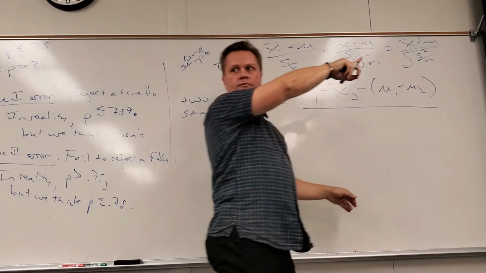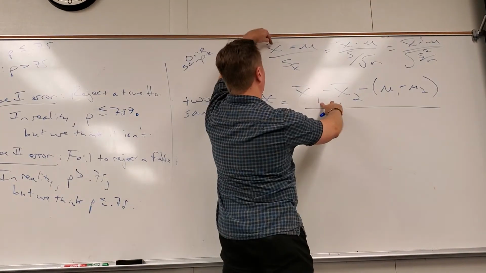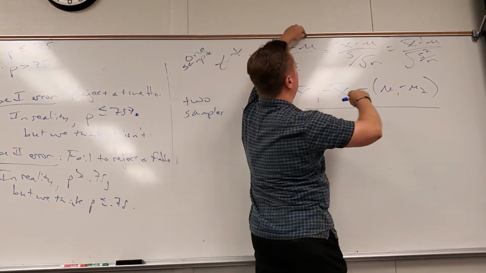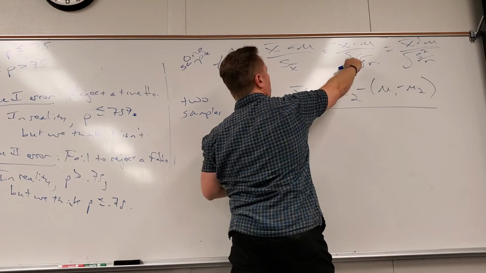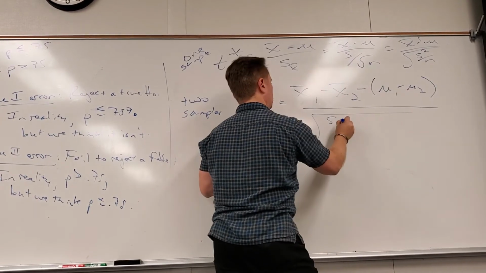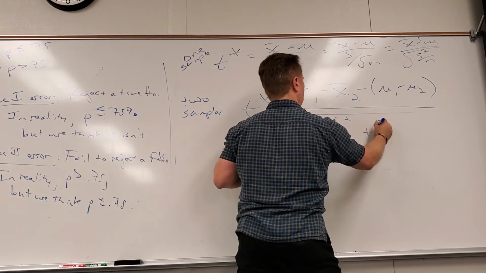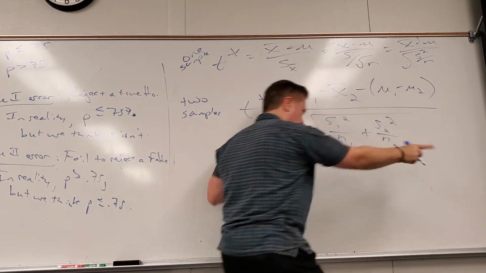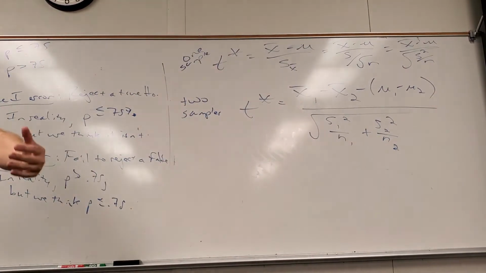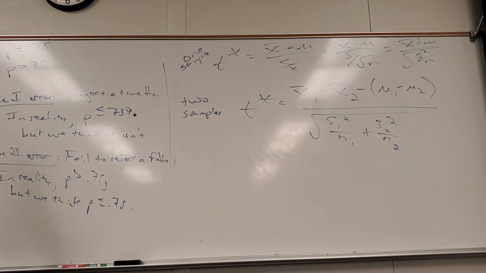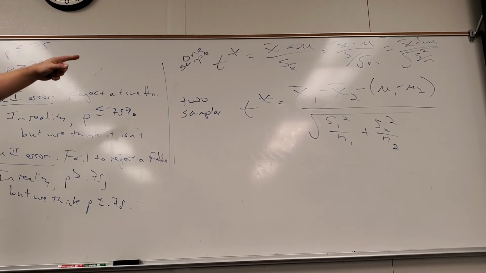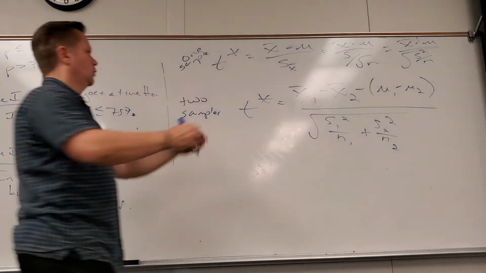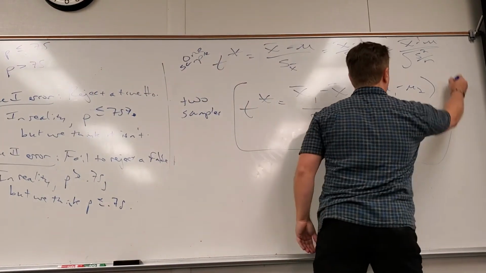S. So now 1 x bar, 2 x bars. 1 mu, 2 mu's. 1 s, 2 s's. 1 n, 2 n's. All right, it's just everything doubles. So I still maintain that the z-score formula never changes, even though now you're like, dude, look at that monster. Wow.